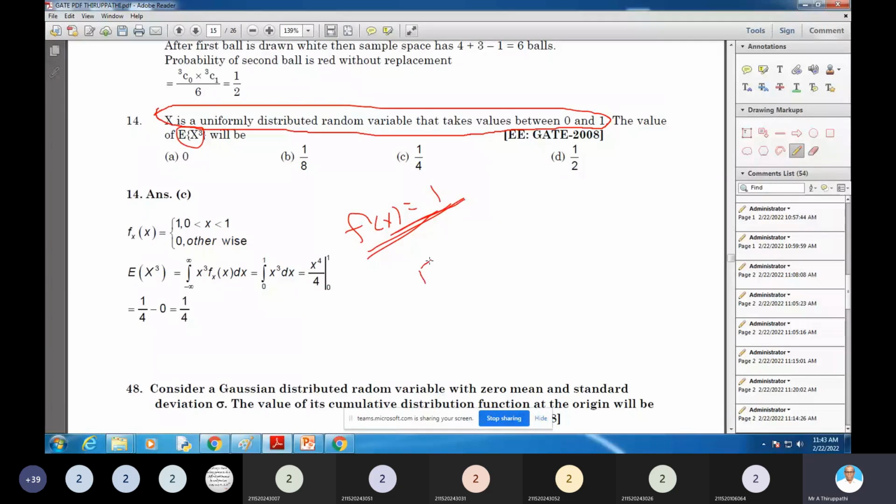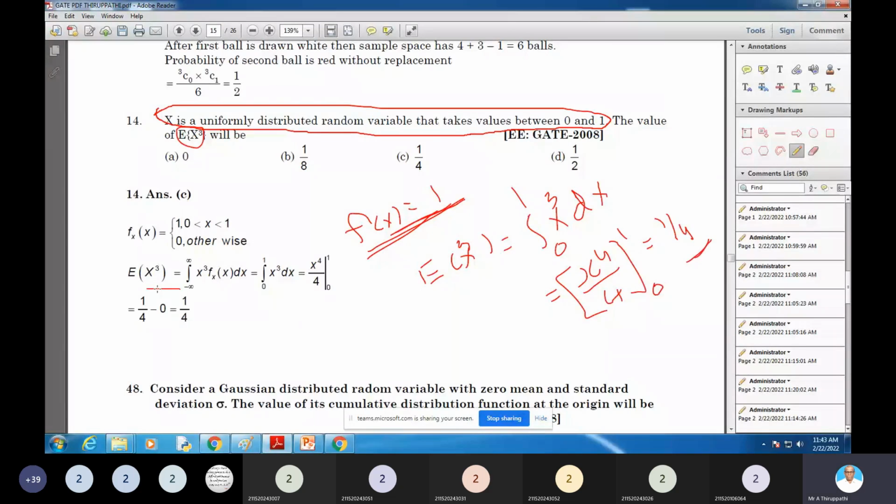E of x cube is the integral from 0 to 1 of x cube into f of x dx, where f of x is 1. The integral of x cube is x to the power 4 by 4, from 0 to 1. Putting in the upper limit gives 1 by 4 minus lower limit 0. The answer is 1 by 4.